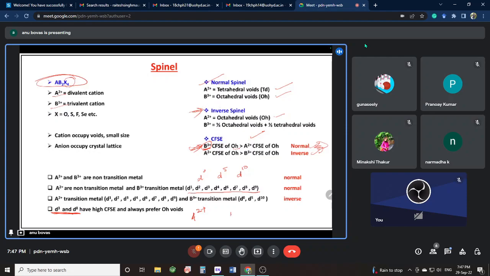Similarly, if B3+ has a d3 or d8 configuration, it prefers octahedral voids, which means it will be a normal spinel. So without even calculating the CFSE, just by looking at the configuration of the cations present in a spinel, you can find out which kind of spinel it is.